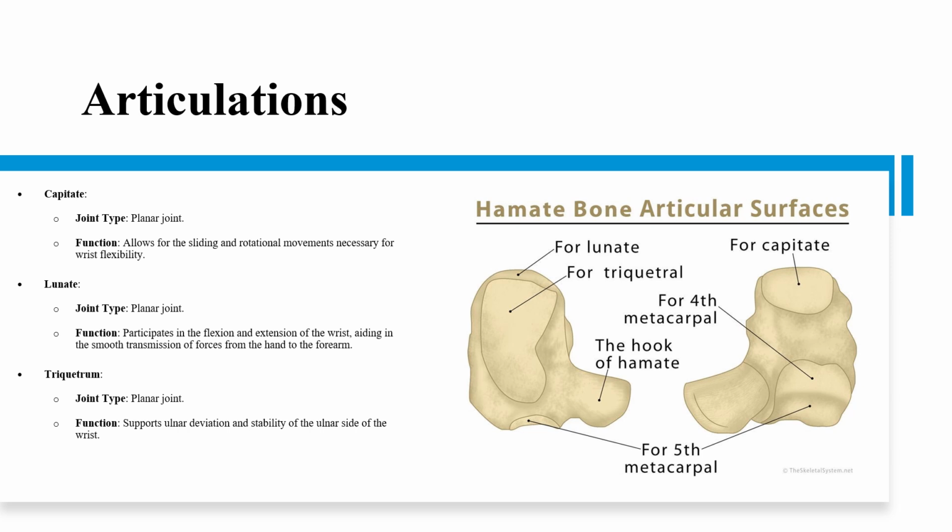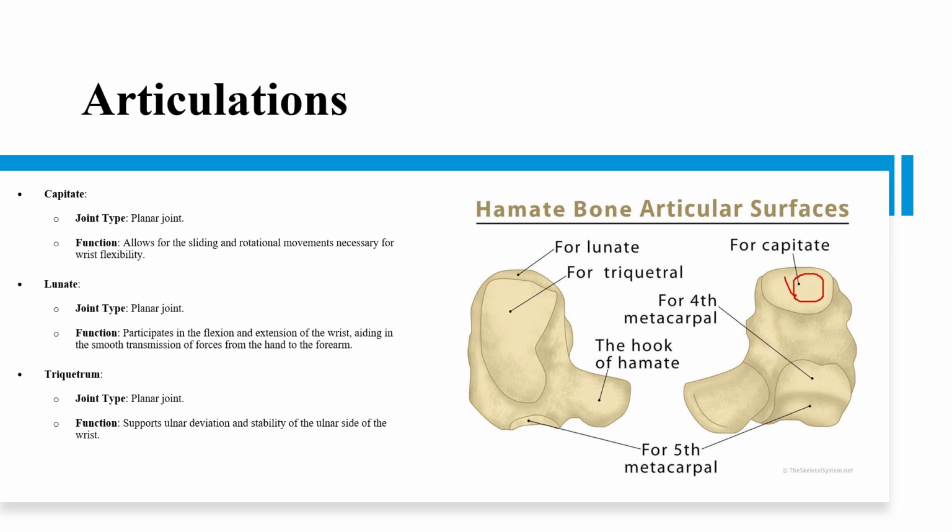It also shares surfaces with the metacarpals. The articulation with the capitate bone is a planar type joint, or plane joint, and it allows the sliding and rotational movement necessary for wrist flexibility.